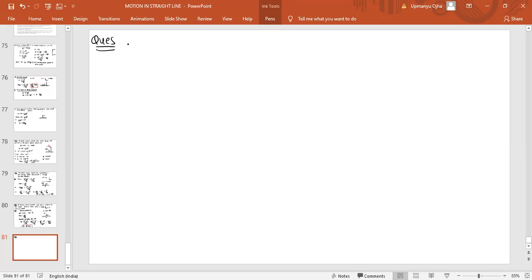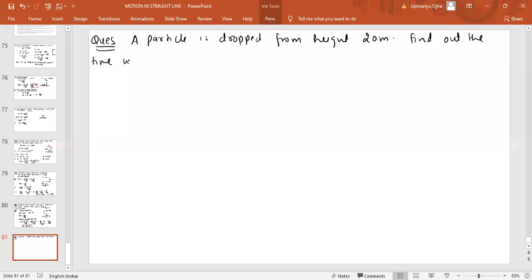A particle is dropped from height 20 meter. Find out the time when it reaches ground.